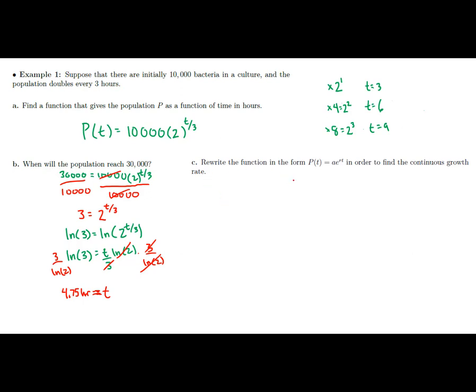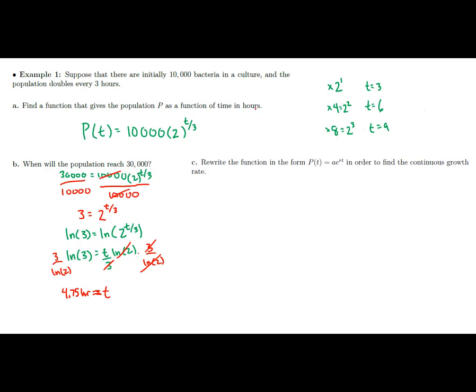And then part C says to rewrite the function in this form with e to the rt. And so remember, the reason that we might want to do this is that when we have it in the form a e to the rt, then it's in that continuous growth rate form. And if you think about bacterial growth, you would kind of expect that to be happening more or less continuously.